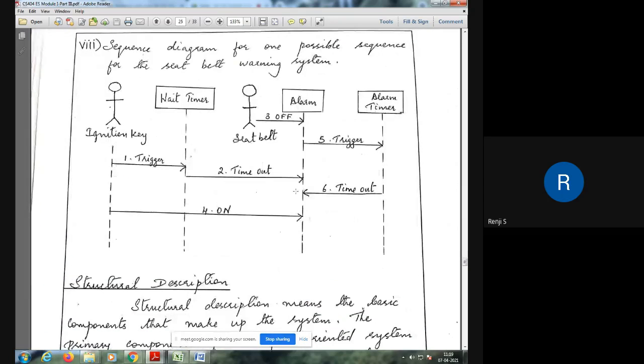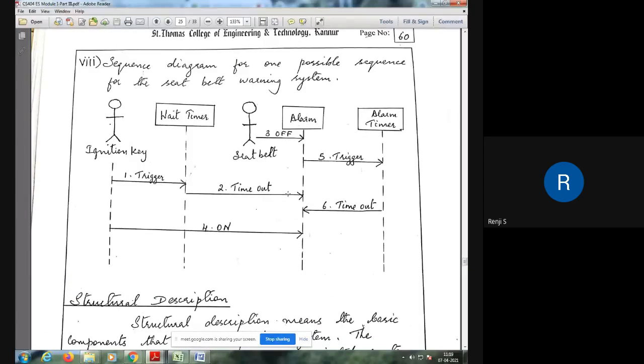This shows a sequence diagram. As we said earlier, it shows time ordering of messages. Like for the seatbelt warning system, once the ignition key is triggered, the timer will wait for some time for the user to put on the seatbelt. If the time is out and the seatbelt is not worn, then the alarm is triggered.